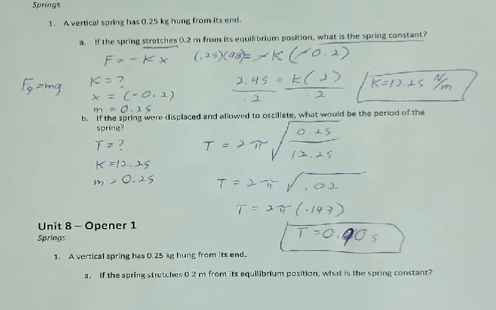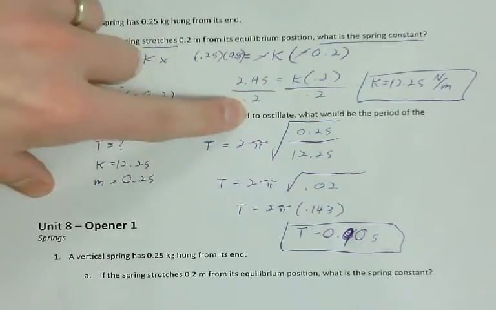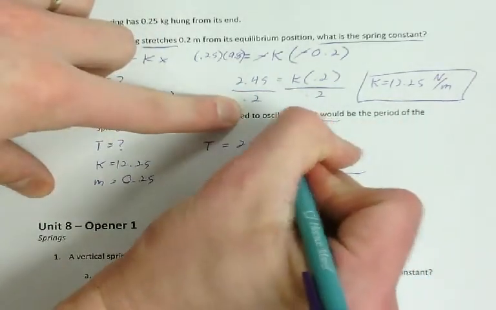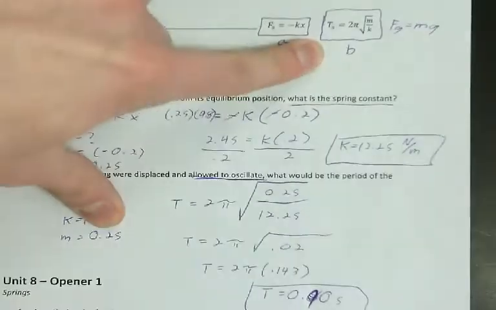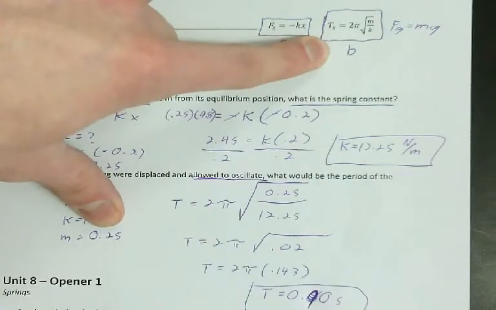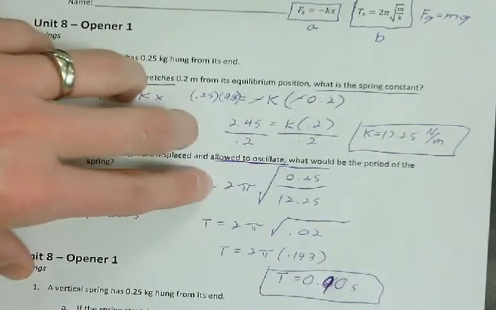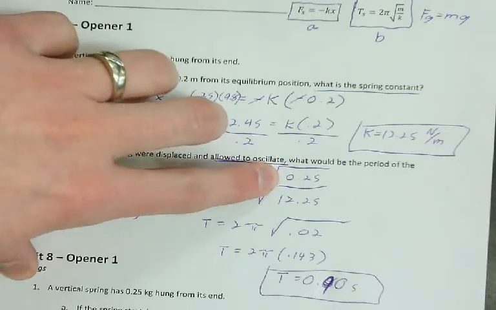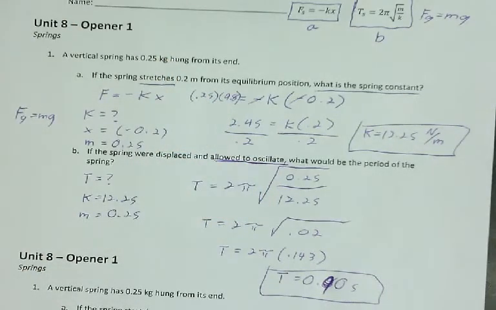Because it talks about oscillating, allowed to oscillate, that's how I knew to use this equation here. So then I just plugged everything in. So 2 pi square root of mass divided by spring constant. And then it's just plug and chug the math from there. So divide those two numbers to get 0.02, square root that number to get 0.143, and then multiply by 2 pi to get 0.9.